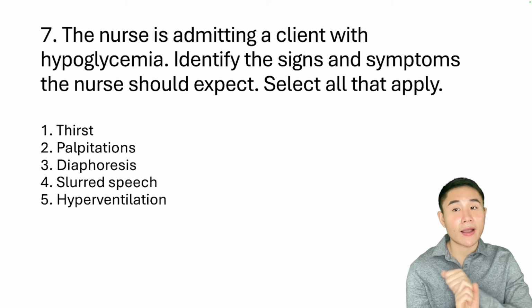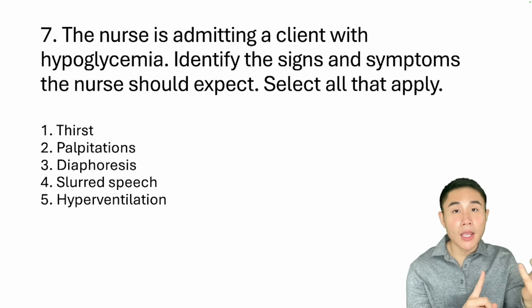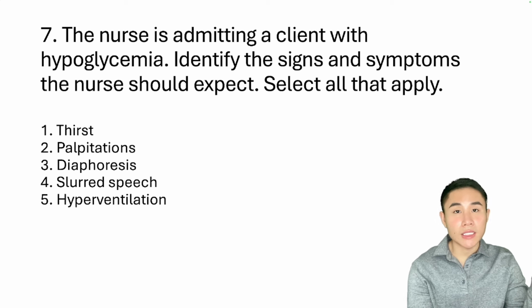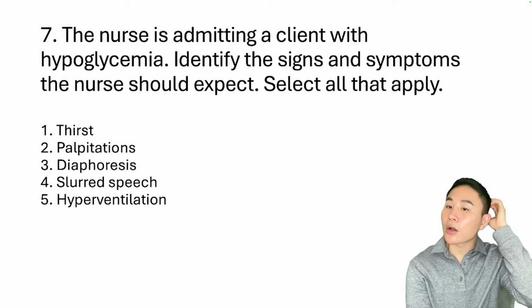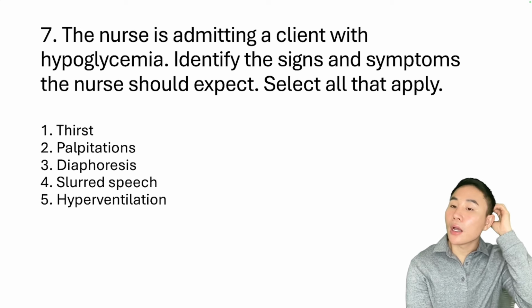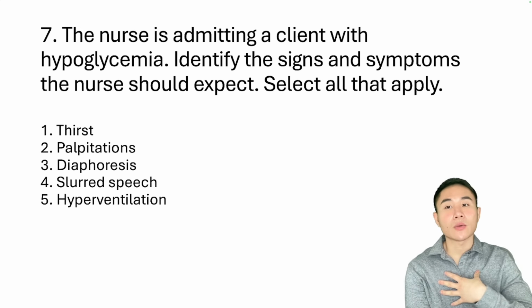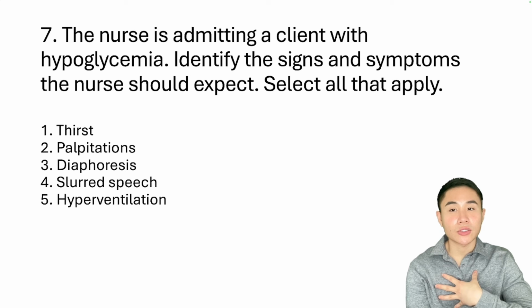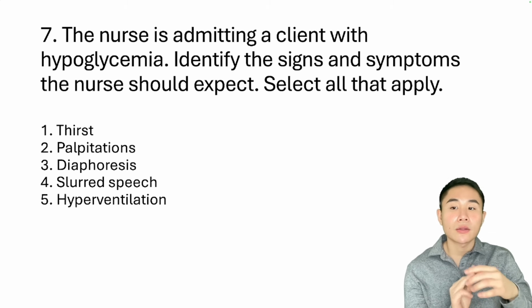Yes, when someone has hypoglycemia, the body usually triggers the sympathetic nervous system, and therefore hormones are released, like adrenaline, that cause palpitation and sweating. So that's why a patient with hypoglycemia will have palpitations, and 2 is correct. 3, diaphoresis.